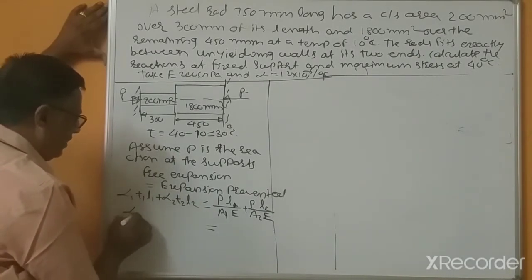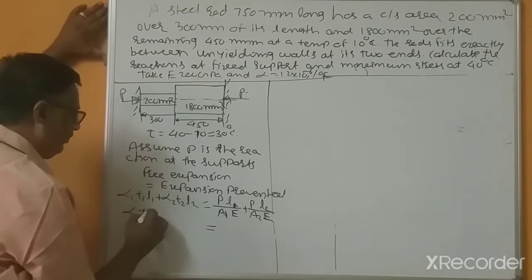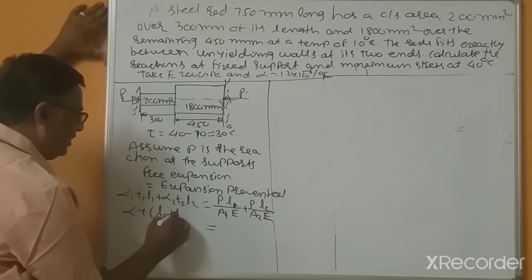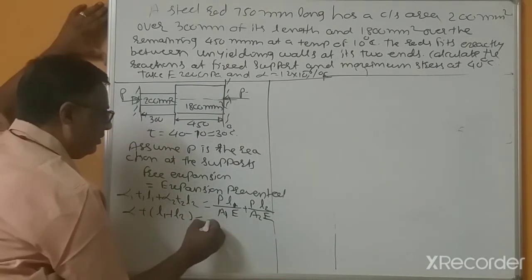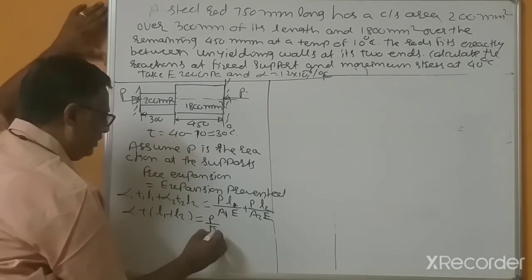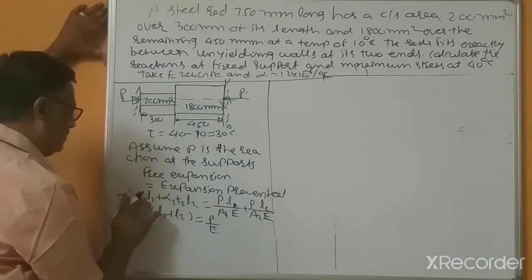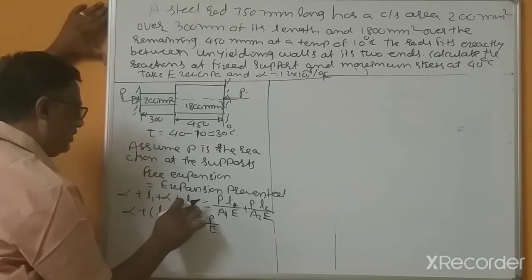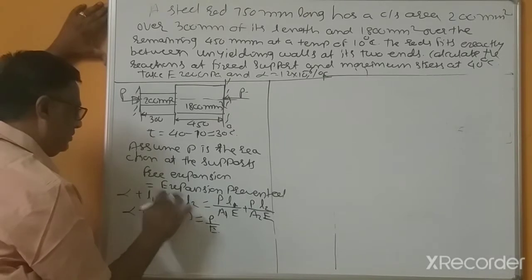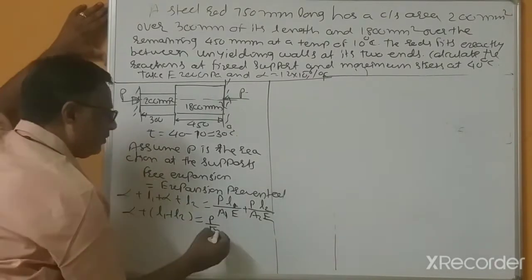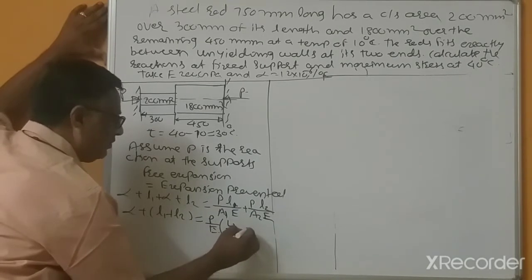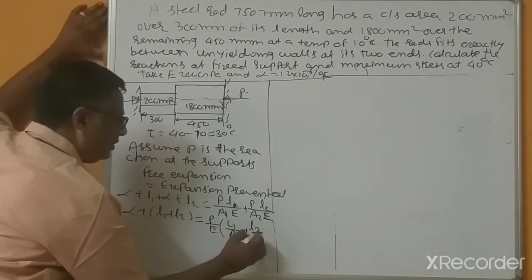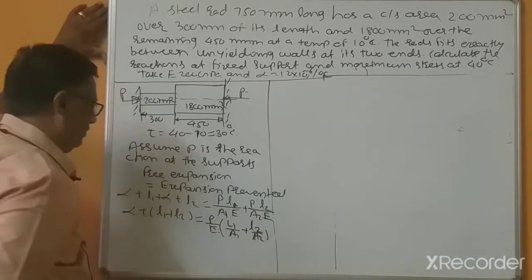Now alpha T is common, L1 plus L2, and this equals P divided by E, otherwise we can write it as L1 by A1 plus L2 by A2, E2.